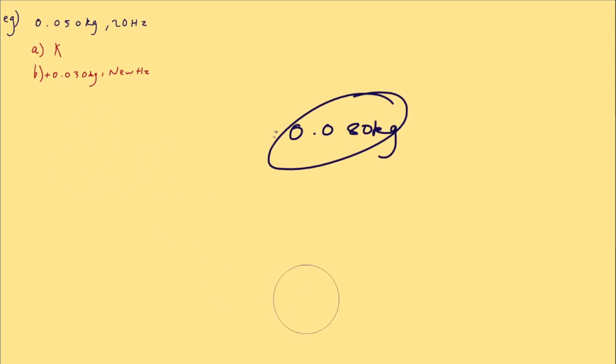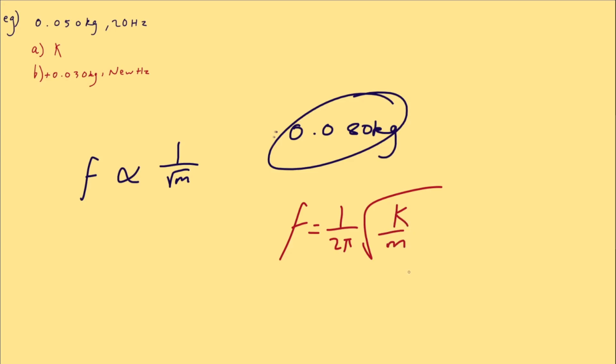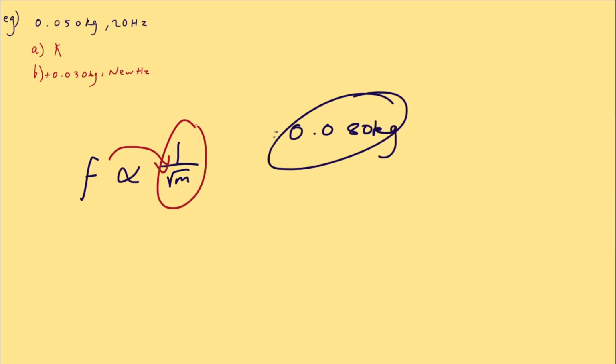And here's a proportional equation. The frequency is inversely proportional to the root of the mass. This comes from that formula from earlier. So it's inversely proportional to the root of the mass. What does that mean? It means it scales with the mass in this way.